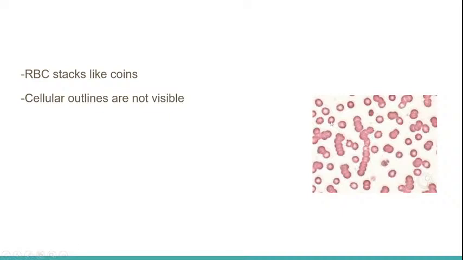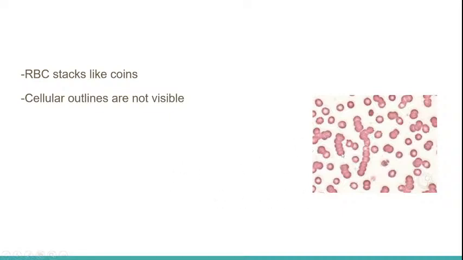The surrounding cells from the sides here, you can see the clear central pallor of normocytes. But in the stacked cells, you would not be able to see it. All right? So that's one of the things that you need to take into consideration.